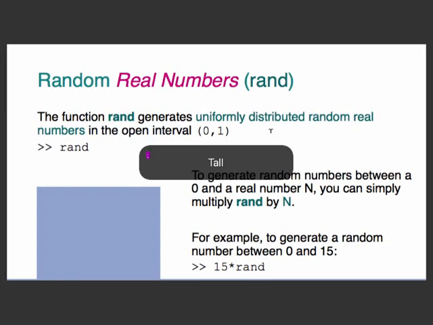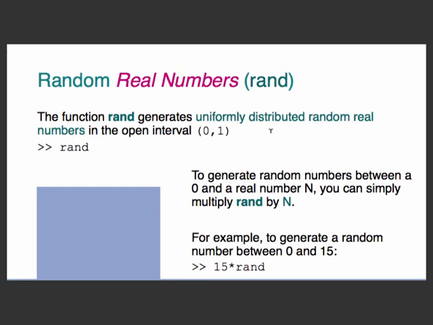Can you restrict how random they are? Yeah, I mean, in some sense, they're not random at all, right? But there are different algorithms that give better results than others. But all the algorithms can be broken in some way.